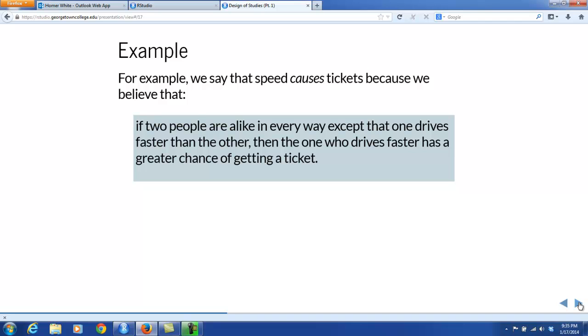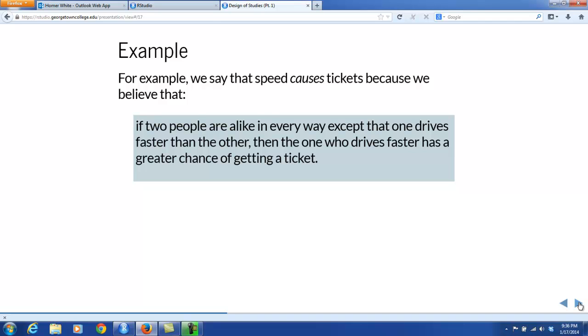For example, we say that speed causes tickets. Why? Because we tend to believe that if you could look at two people who were alike in every way somehow, except that one of them drives faster than the other, then the one who drives faster has a greater chance of getting a ticket. So you see two different speeds, and we imagine two different people who drive the different speeds, but that difference in speeds is the only thing that's different about the people.